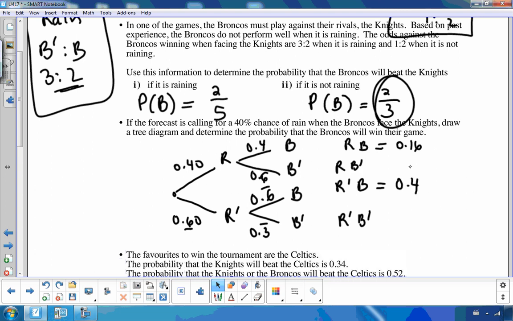So add those 2 together, and I'm going to get a 0.56 chance of the Broncos winning their game, whether it's raining or not. And if you want to, you can put this into a fraction. Let's just do that. And it's 14 out of 25 if you prefer a fraction.